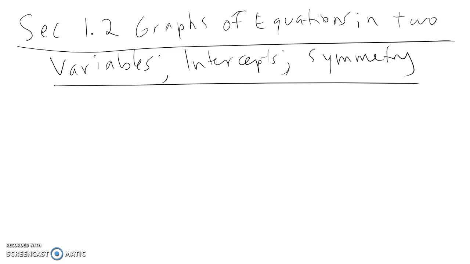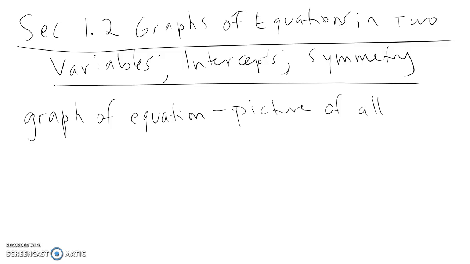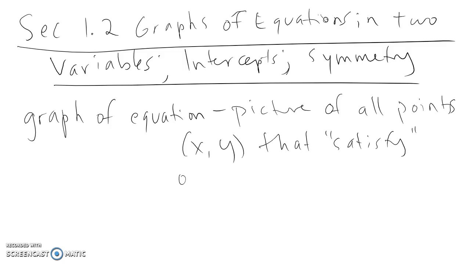All equations that relate two variables, x and y, can be graphed on a coordinate plane. The graph is a picture of all points x, y that have coordinates x, y that satisfy or solve the equation.